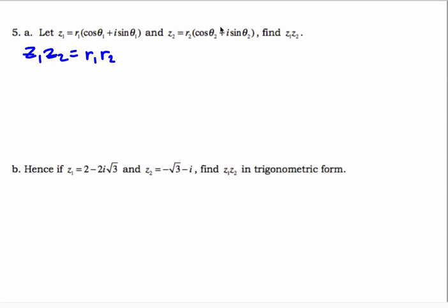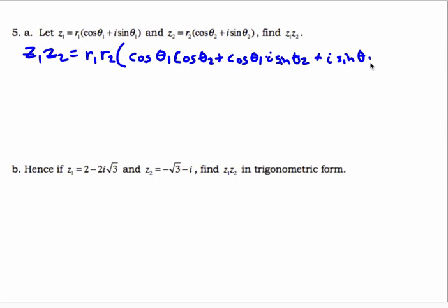And multiplying these two brackets together, we're going to get cosine theta 1 cosine theta 2, plus cosine theta 1 times i sine theta 2, and then plus i sine theta 1 cosine theta 2.